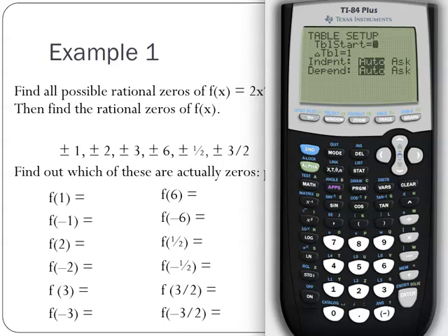And what I want to do is I want to change, so the independent variable, the x variable, is on ask. That way I can tell the calculator what the x value is. Now I want to keep dependent, the dependent variable, the y value, to be auto. So that way it will automatically tell me what the y value is when I tell it what the x value is.